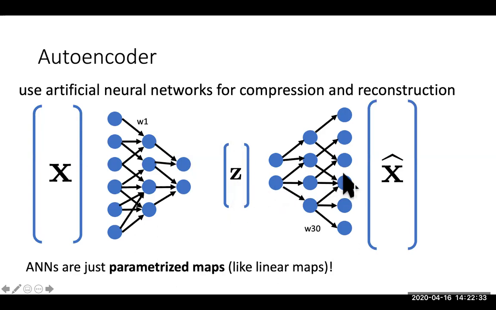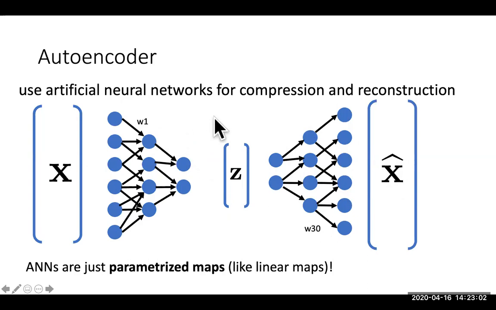And also the reconstruction must be nonlinear then, as we might suspect, because if we compress in a nonlinear way, then the best way to reconstruct the original data might also be nonlinear. So we might not do well if we restricted ourselves to linear reconstruction. So both the encoder map and the reconstruction, or decoder map, are artificial neural networks.